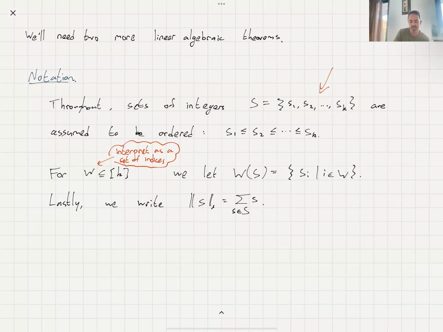That's one thing. And the second thing is that if you give me a set of indices W, right, so W is a subset of K. I'm still in this context where I have a set of S1 up to Sk. When I'm denoting by Ws, this is a subset of S in which I'm only taking the SIs where the index I is in W. Okay? I have an example here, maybe?